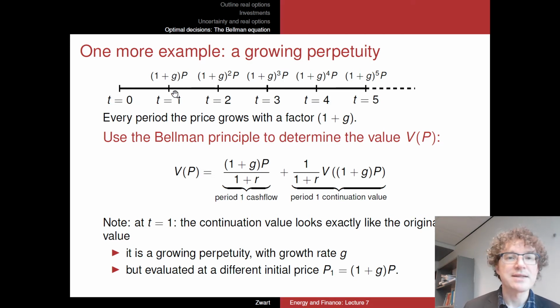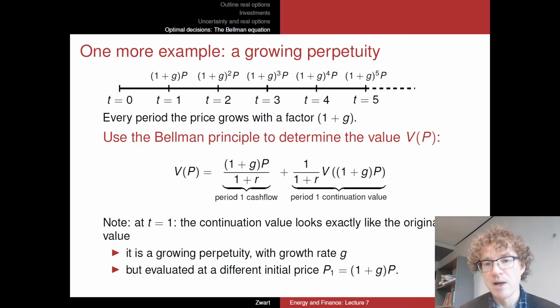We get a price in period 1, but now inflated by a growth factor g, so 1 plus g times the price. In period 2, we get 1 plus g squared times the price. Period 3, 1 plus g to the power 3 times the price. So the price is growing exponentially, with the factor 1 plus g every year.